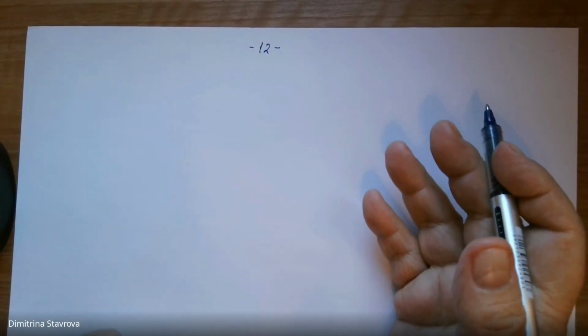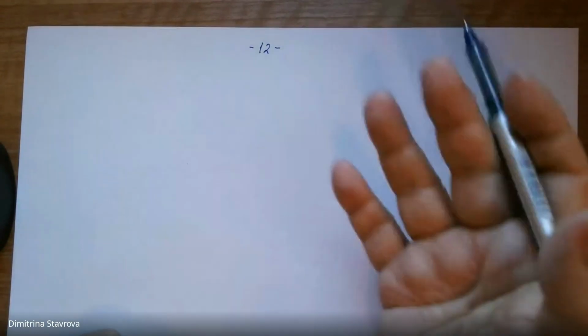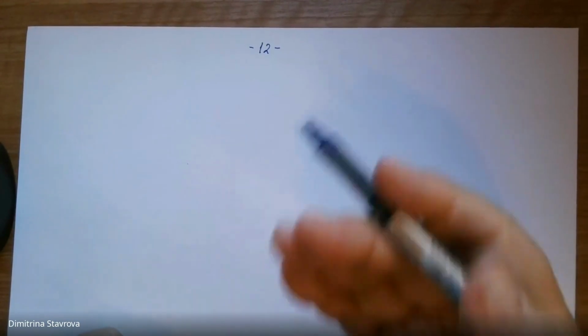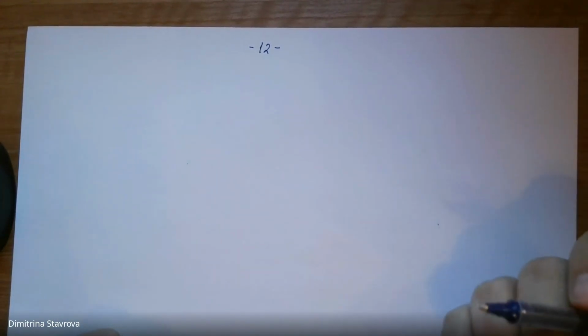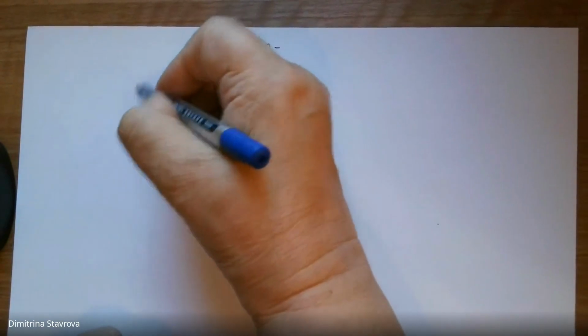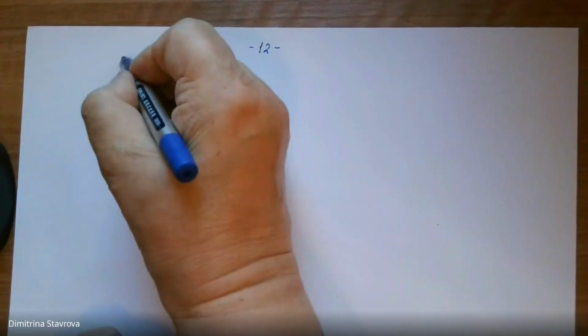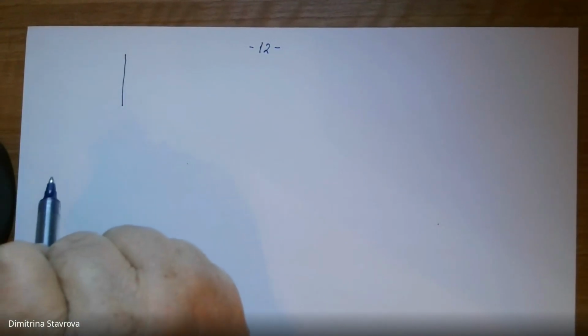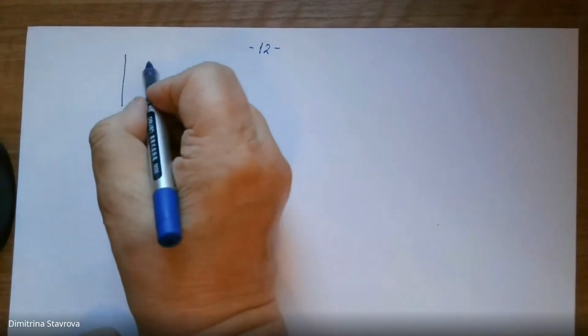Firstly we considered a linear system, then a system in which one of the equations is of second degree, but we can also have systems in which both equations are of second degree.